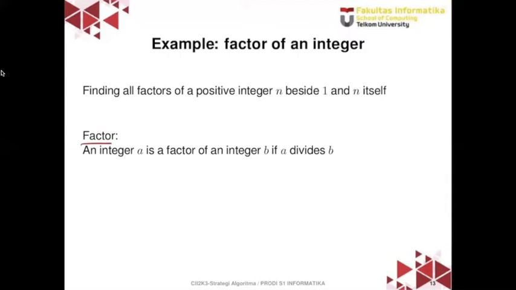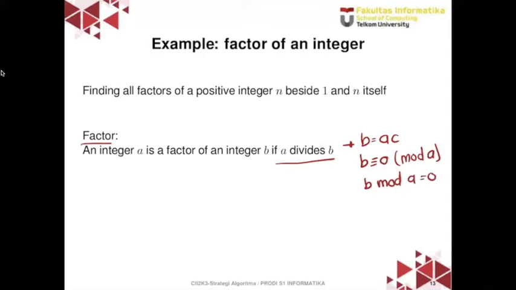An integer a is a factor of an integer b if a divides b. a divides b here means that we have c such that this holds, or we can say that b is equivalent to 0 in modulo a. Or we can also say that b modulo a is equal to 0.